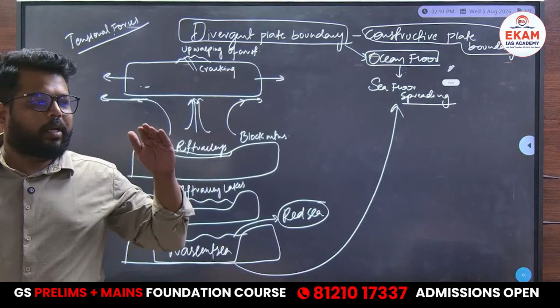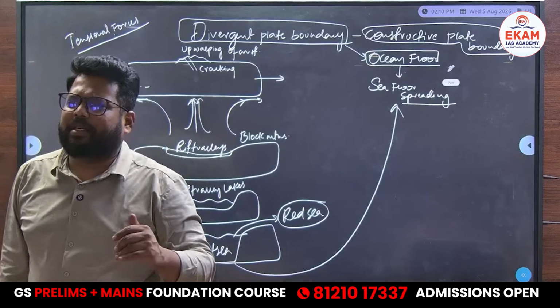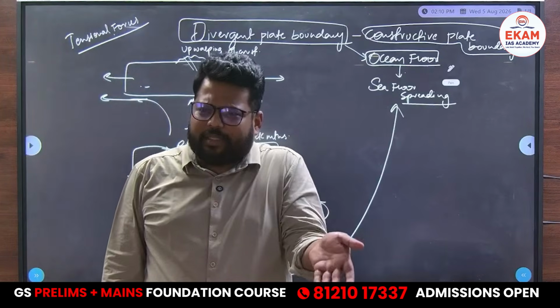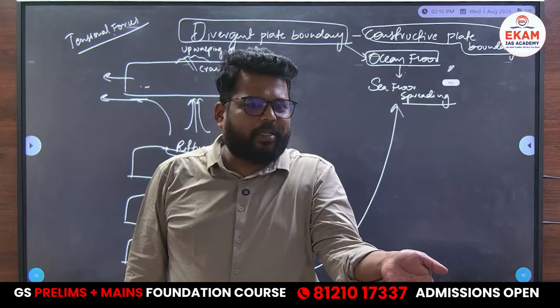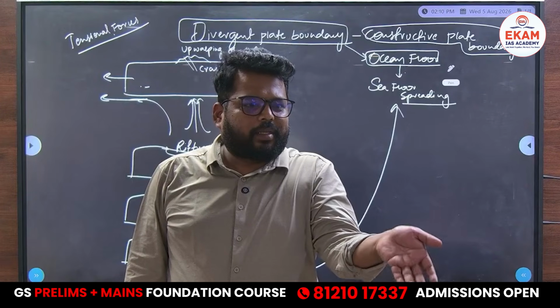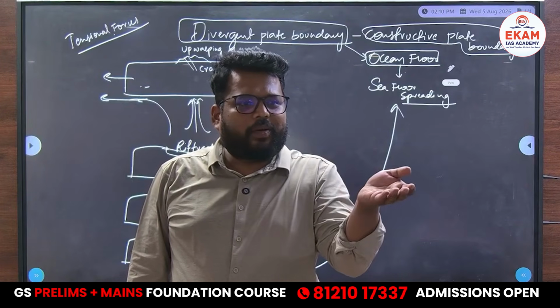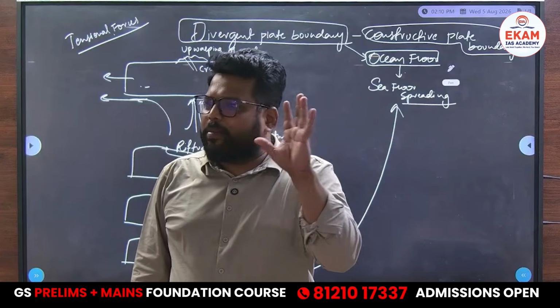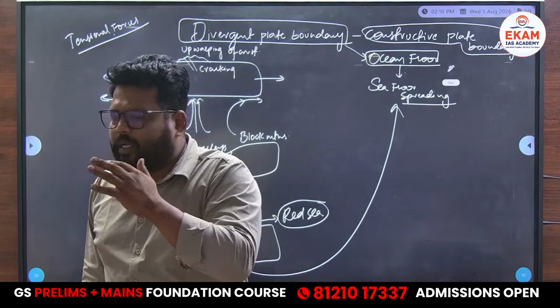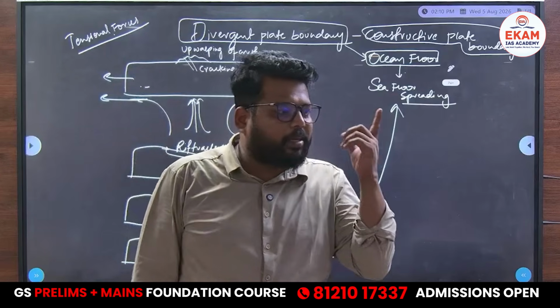Why? Because yesterday in convergence, wherever we are seeing, some or the other thing is being destructed. At the trench, oceanic crust is being destructed. At the continental collision, continental surface is being destructed. That's why they are considered as destructive plate boundary.